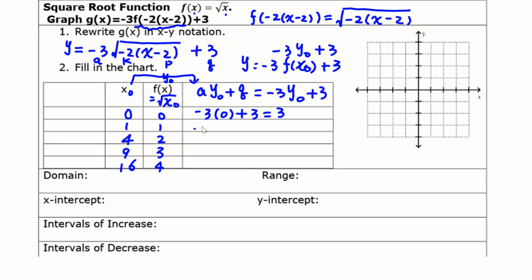The next one, negative 3 times original y value 1, then plus 3 gives you 0. So continuing the calculation, we have negative 3, then negative 6, and negative 3 times 4 plus 3 is negative 9.